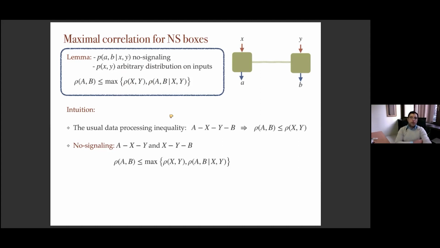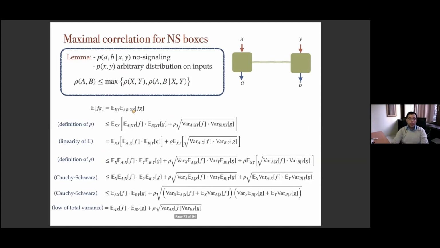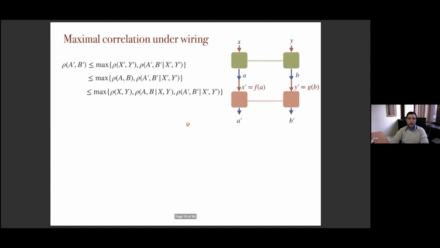I don't have time to go through the details, but all the properties of maximal correlation can be proved using Cauchy-Schwarz, and this is an example. I'm not going to go through the details.